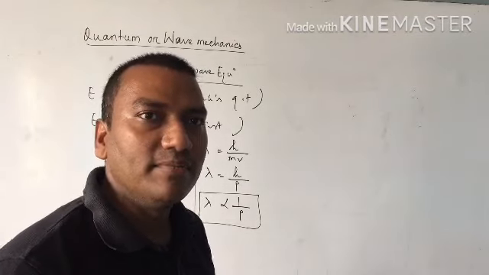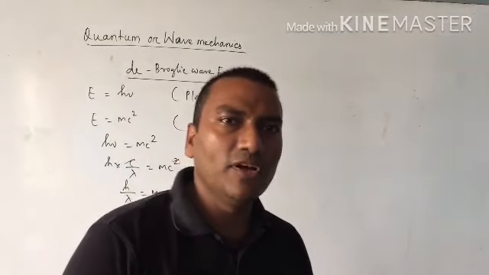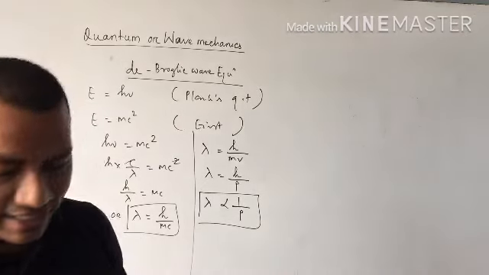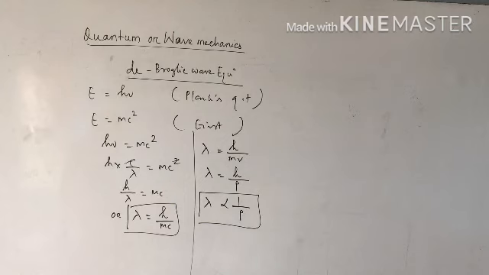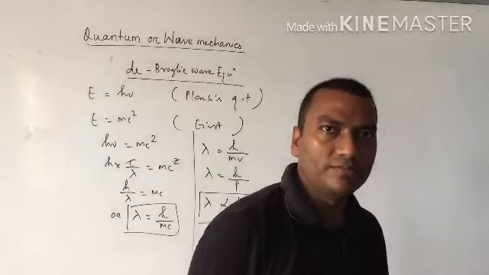This is the wavelength, but the value is coming out negligible. So that's why the de Broglie wave equation is only applicable for microscopic particles, not for macroscopic particles. Clear now? So this is called the de Broglie wave equation.